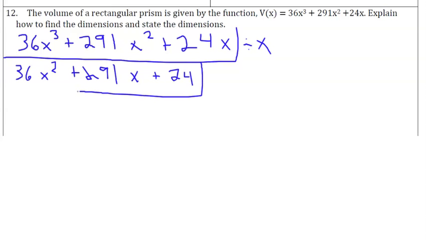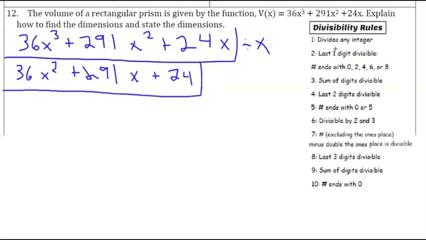Now, to find a number that all three of these are divisible by, let's review our divisibility rules from elementary school. These are the divisibility rules that you can find from the fractions tomb notes that you will see next semester when we do our rational functions.